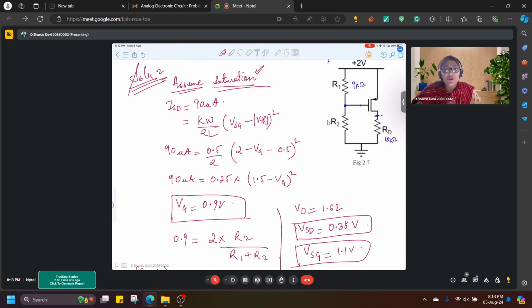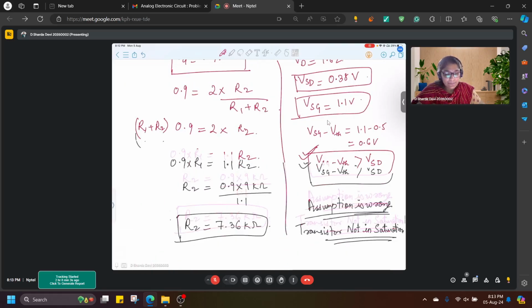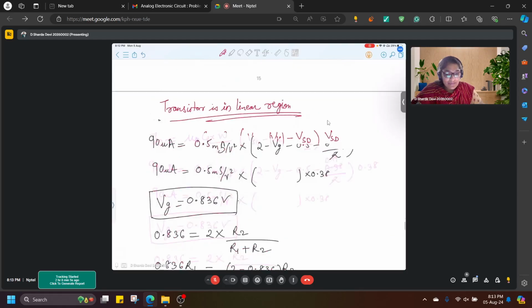But the caution here is you have to keep checking your answer. If you have assumed saturation, at the end you have to prove that your answer is correct and your transistor is in saturation. That means you have to prove your assumption in this second method. Is it clear? Yes, ma'am.